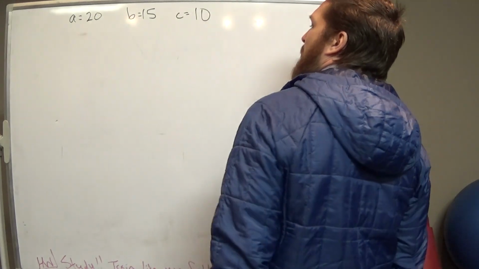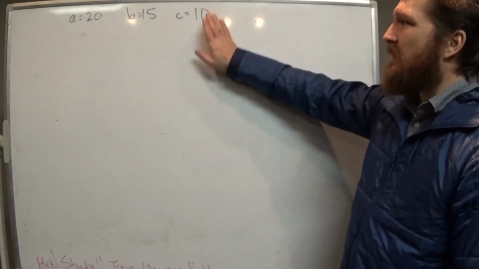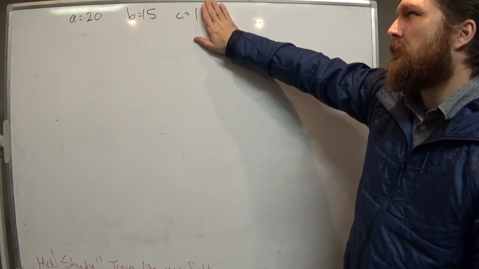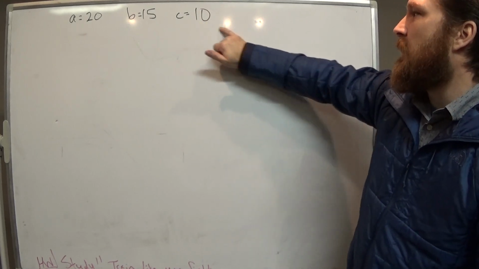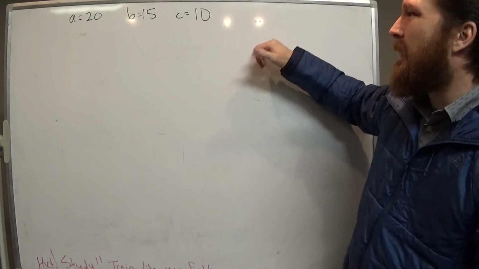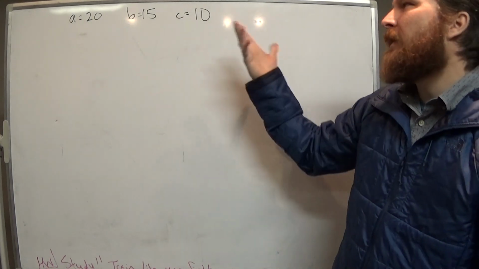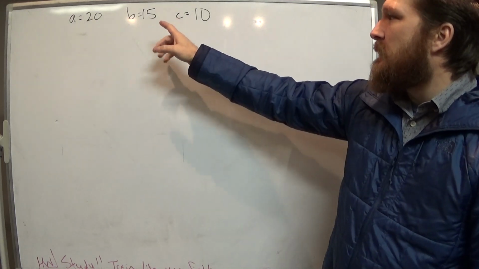That would be a triangle. Notice if I said C equals 1, that could be a triangle, but maybe not. But if C were 1,000, you could see right away that couldn't be a triangle.